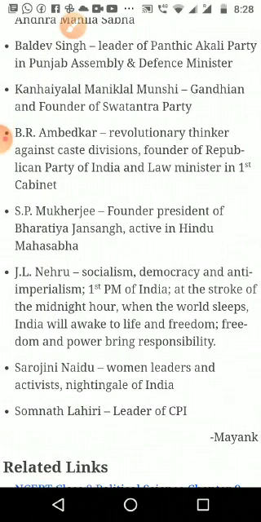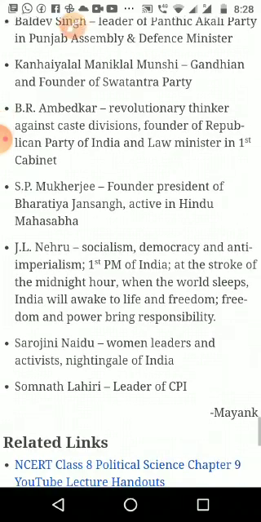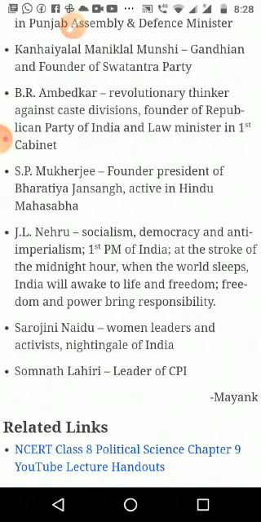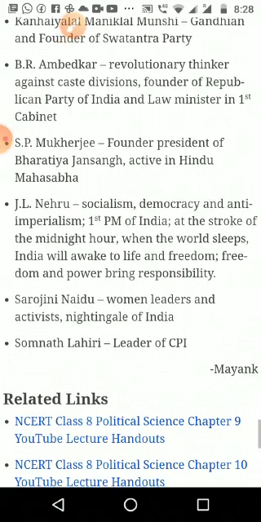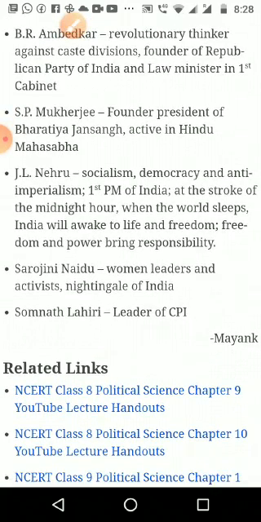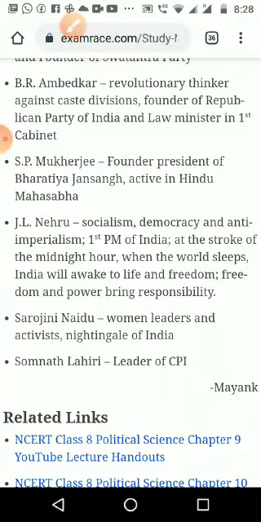Kanhaiyalal Maniklal Munshi, Gandhian and founder of the Swatantra Party. B.R. Ambedkar, revolutionary thinker against caste divisions, founder of the Republican Party of India and Law Minister in the first cabinet.